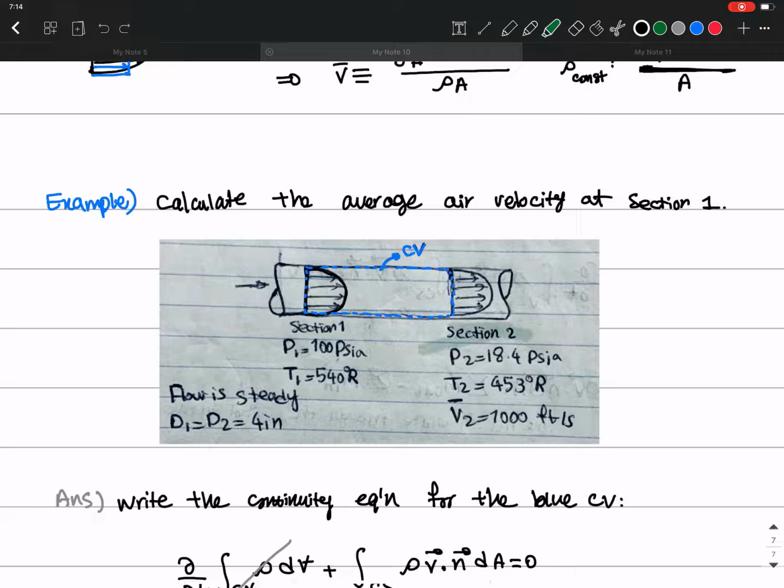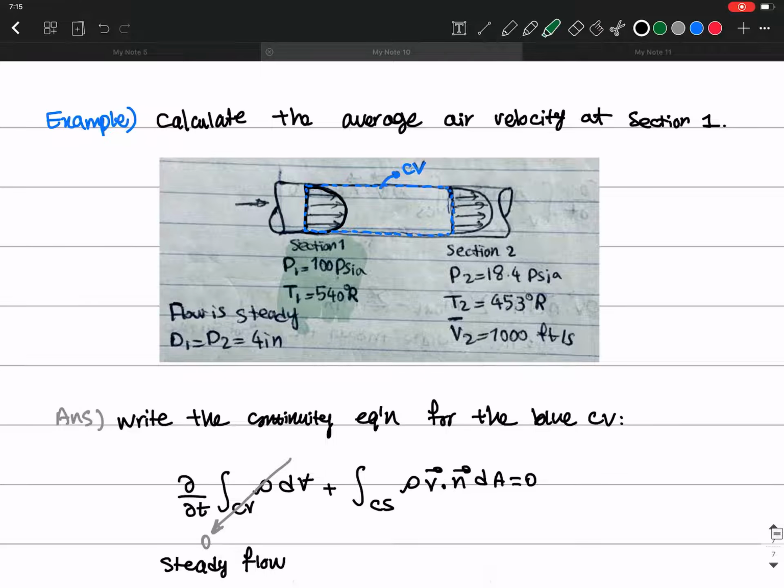And in section 2, the information about the pressure, temperature, and also the average velocity of that section is given. And the question wants us to find the velocity at section 1. Okay?